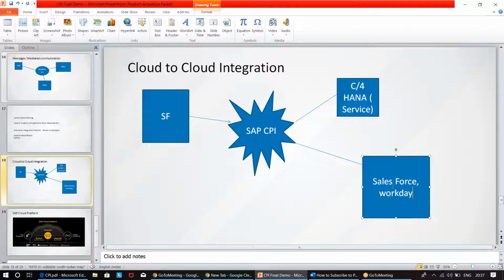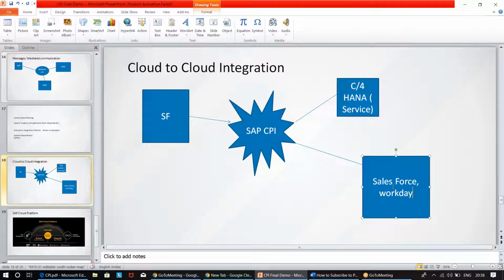But sometimes we do face it. But for cloud to cloud, in case someone asks you how SAP CPI fares, then it depends on what kind of use case we have. If it's your SAP cloud apps, Salesforce, Ariba, SuccessFactors, Concur, anything, it's easy.